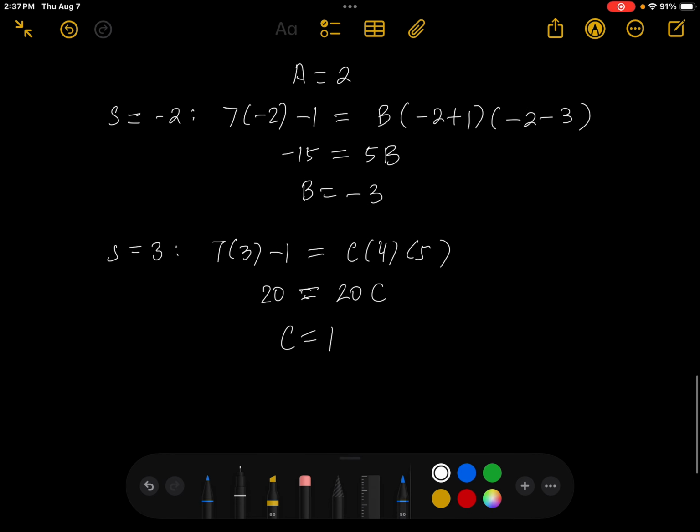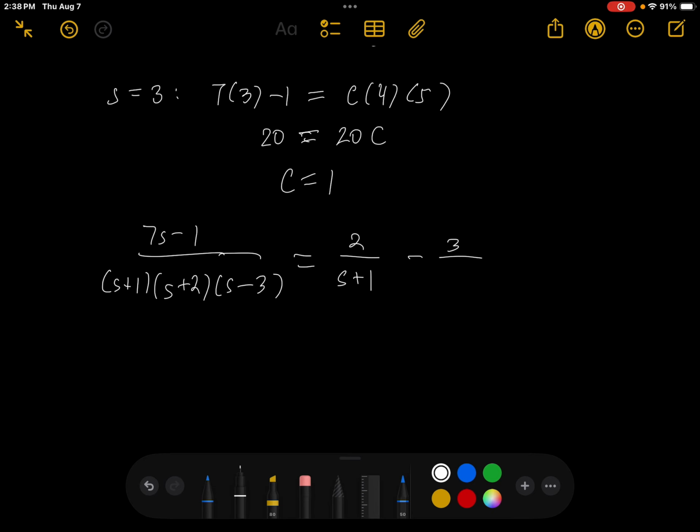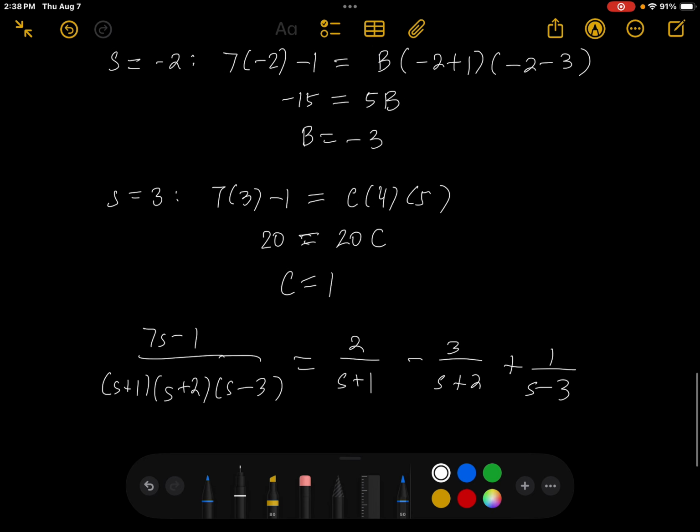And so we get the same as before. A is 2, b is negative 3, and c is 1. So you're going to get 7s minus 1 over s plus 1 times s plus 2 times s minus 3 is equal to 2 over s plus 1 minus 3 over s plus 2 plus 1 over s minus 3.